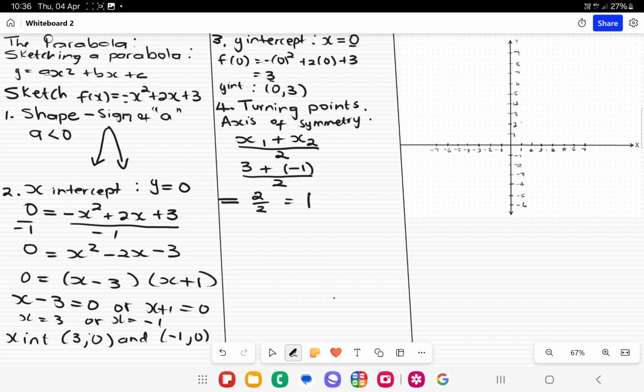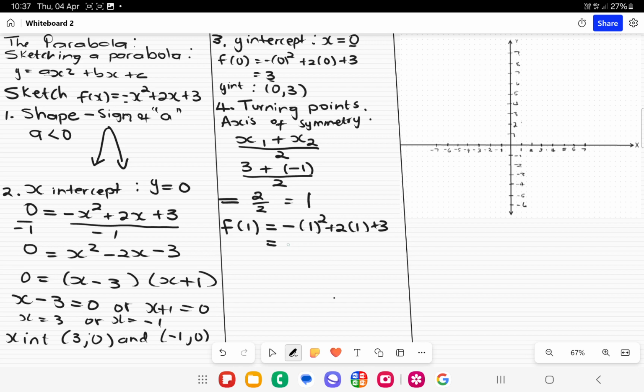So I am going to substitute my axis of symmetry into my equation to find the y of it. Negative 1 squared plus 2 into 1 plus 3.